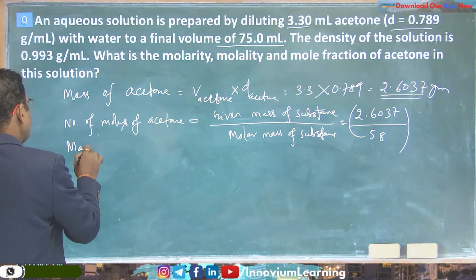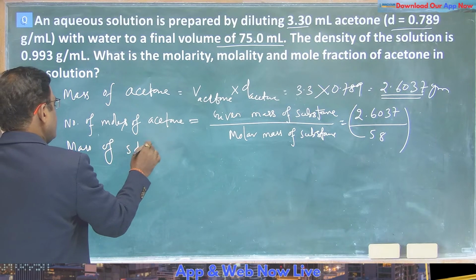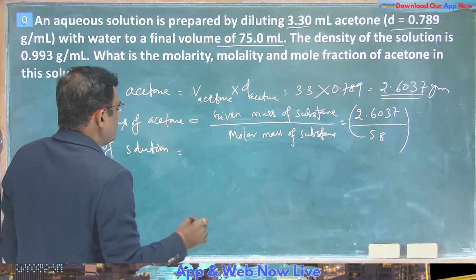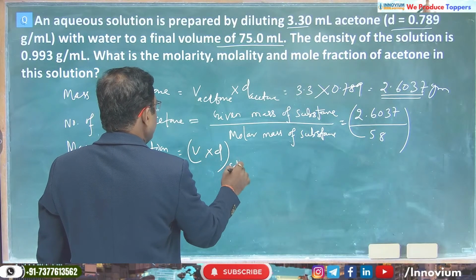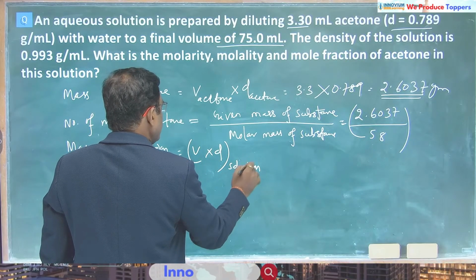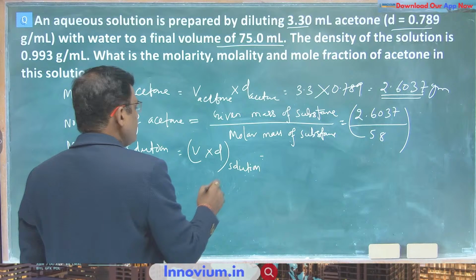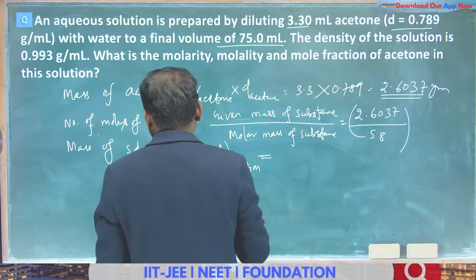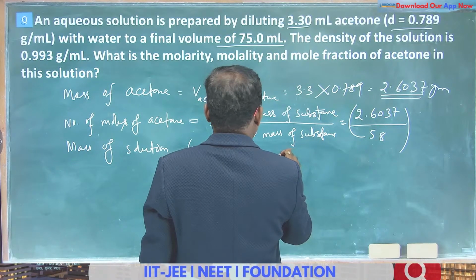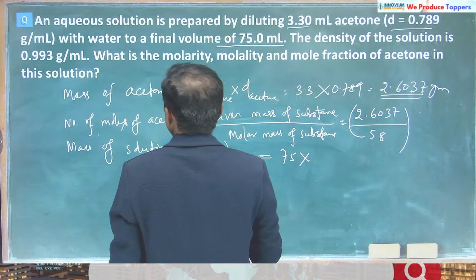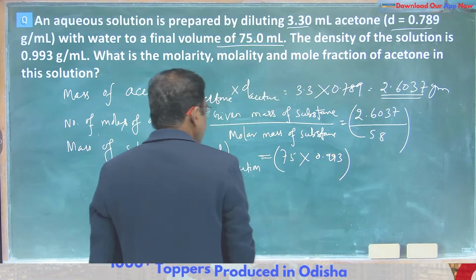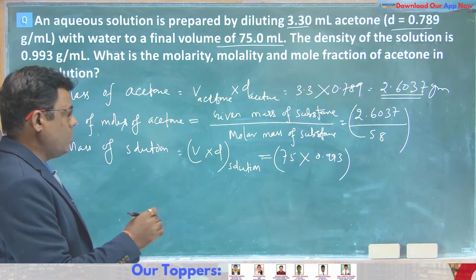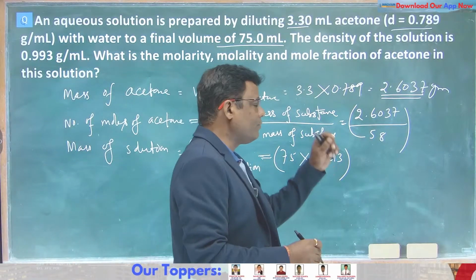Mass of solution is volume multiplied with density of solution. Volume is 75, density of solution is 0.993. So this one gives the mass of solution.